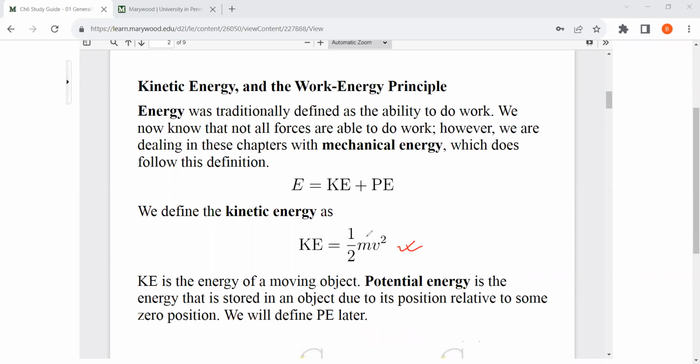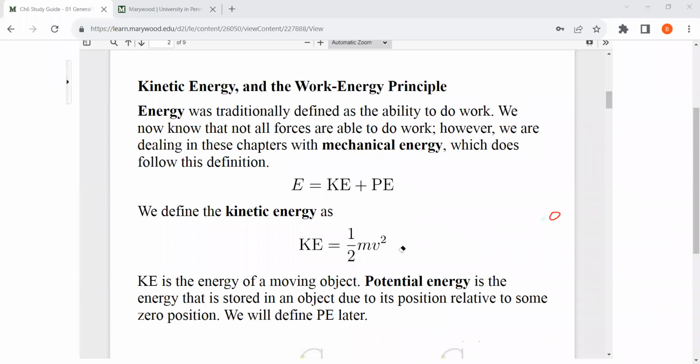If v equals 0, then the kinetic energy is also equal to 0. If the object is at rest, not moving, the kinetic energy will be equal to 0.